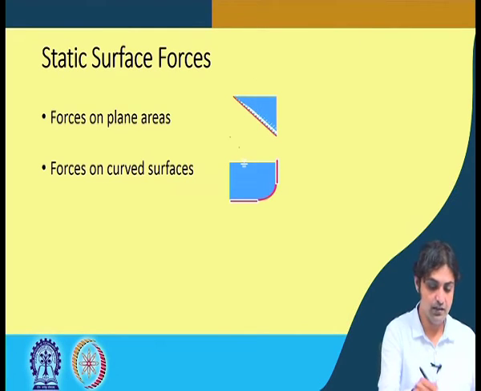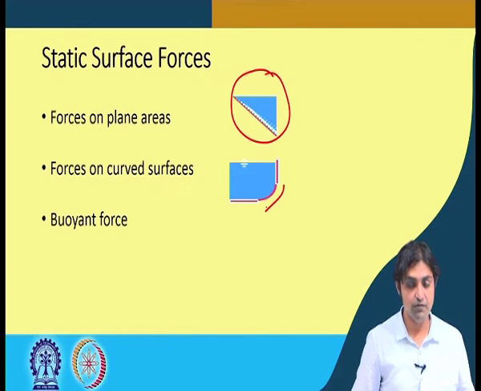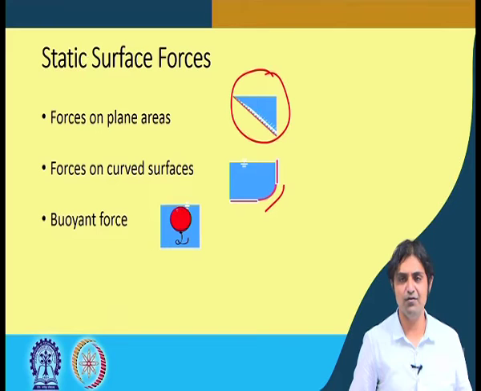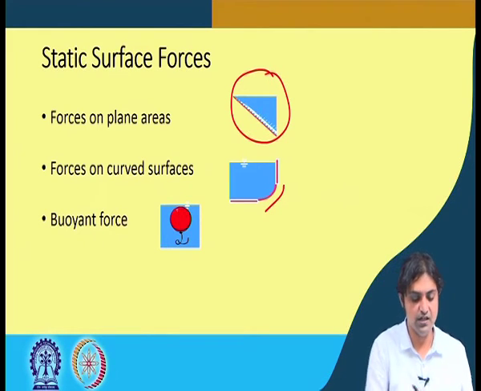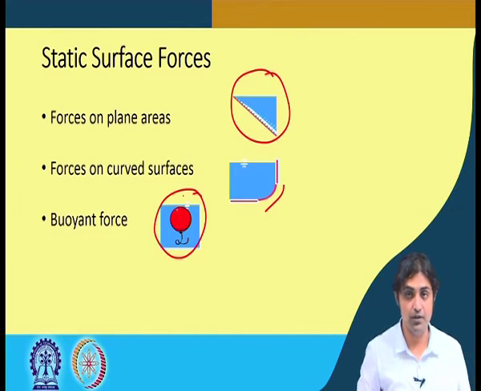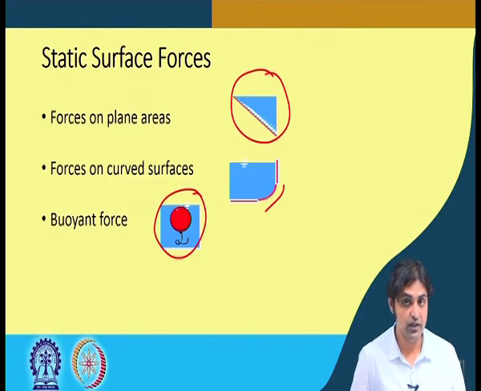So this is plane, this is a curved surface, and we also will see the buoyant force, a very small detail of it, but I think this is very necessary. If we are teaching basics of fluid mechanics in this course in the beginning, buoyancy is an important concept that everybody must be aware of.